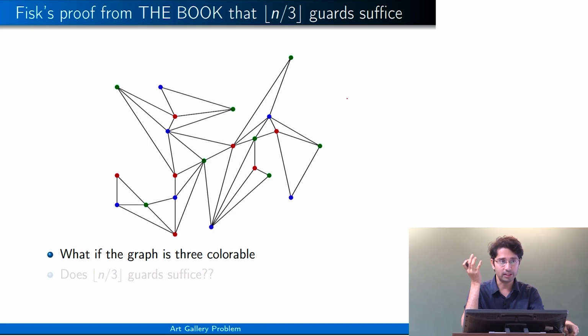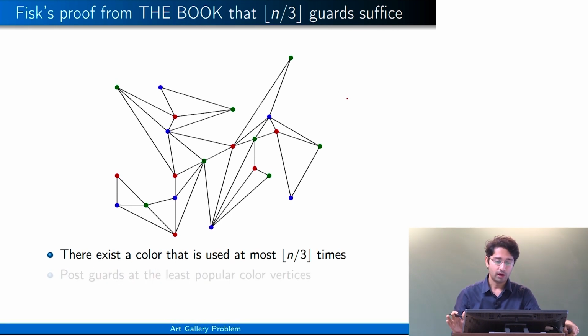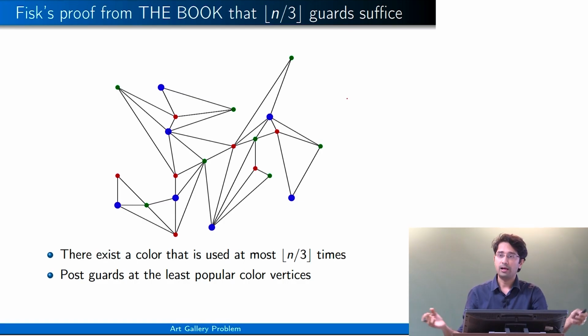Among these 3 colors, I can choose the color which is least used. There exists a color which I have used at most n by 3 times, from the pigeonhole principle. I will select that color. Here in this example, the least used color is blue. I will place guards at that color.